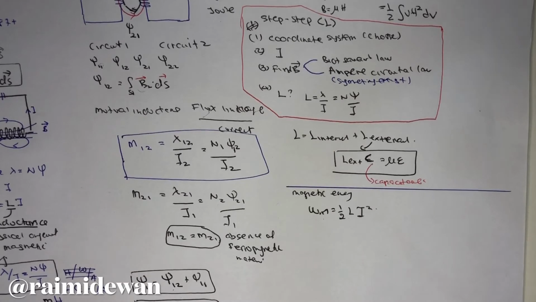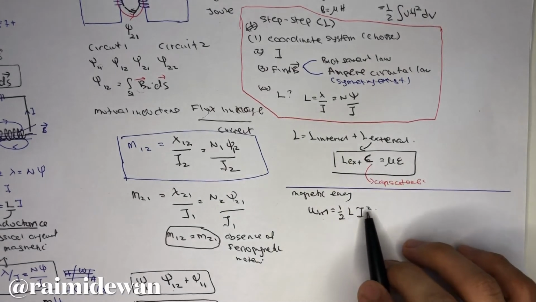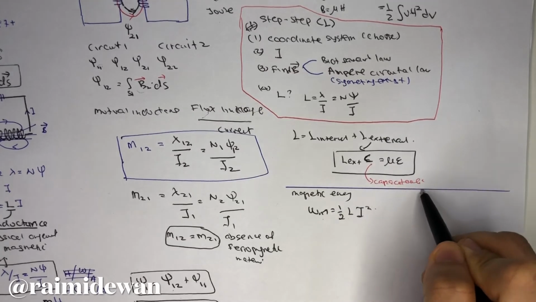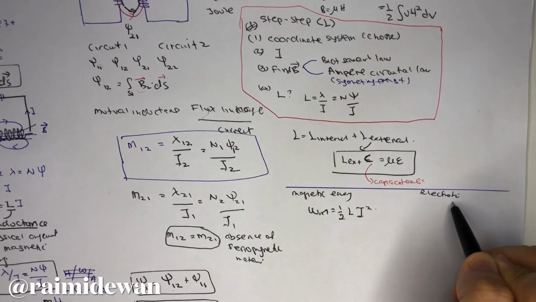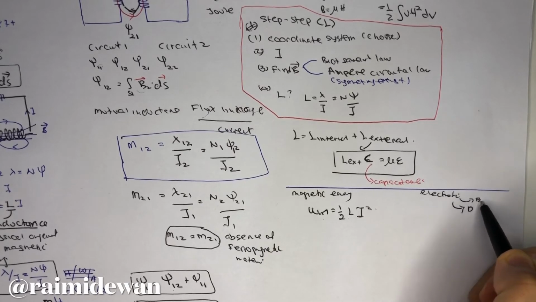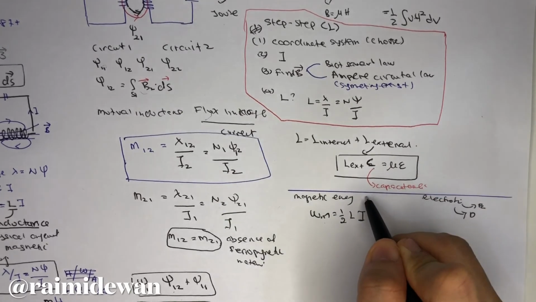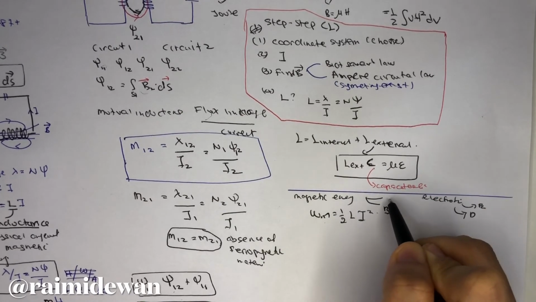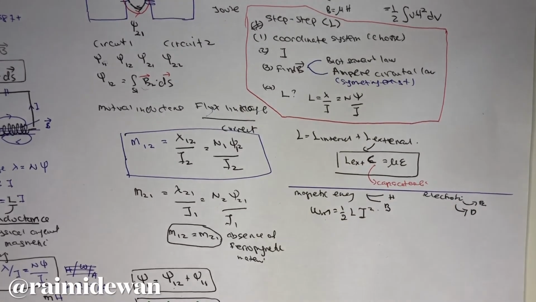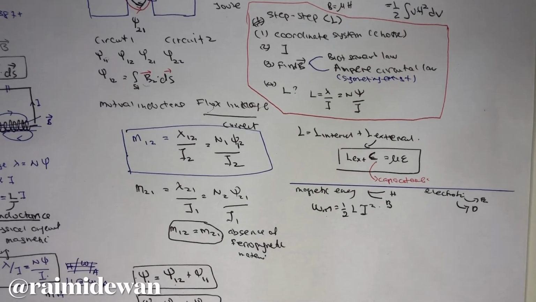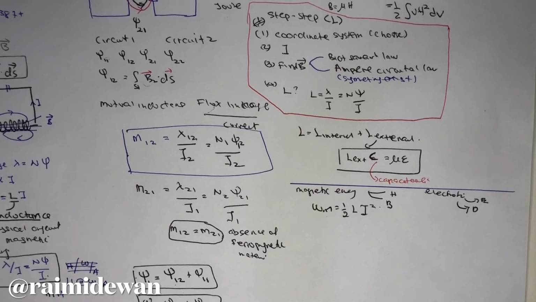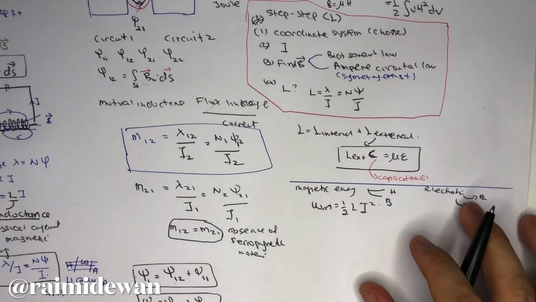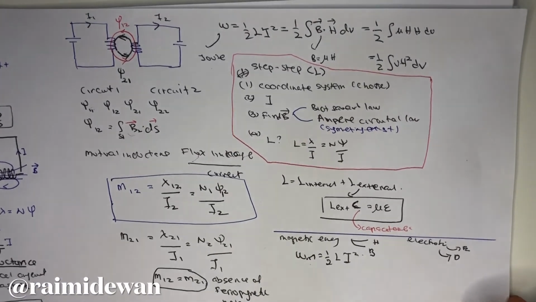Just like in electrostatic it is about D and E, here in magnetic energy we want to relate with your B and with your H, which is already covered previously.